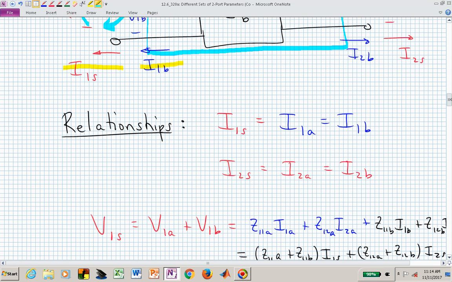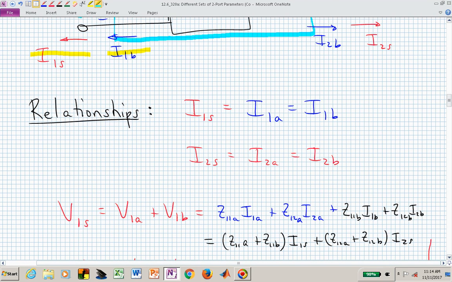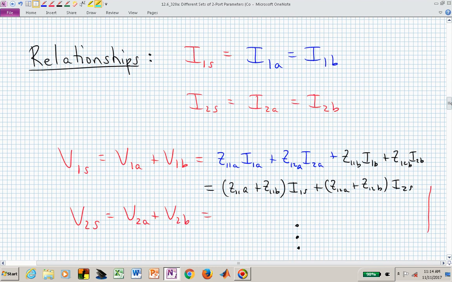And we can write V sub 1a and V sub 1b in terms of their respective V1 equations in terms of the z11 and the z12 parameters, realizing that I sub 1a, I sub 2a, I sub 1b, and I sub 2b can be interrelated, meaning I sub 1a is equal to I sub 1b, which is equal to I sub 1s. That allows us now to factor out the z11 of a, the z11 of b, and likewise the z12 of a and the z12 of b.